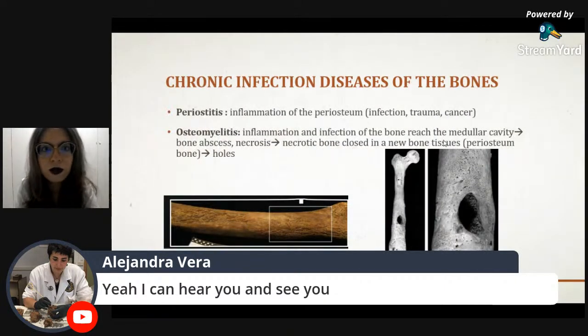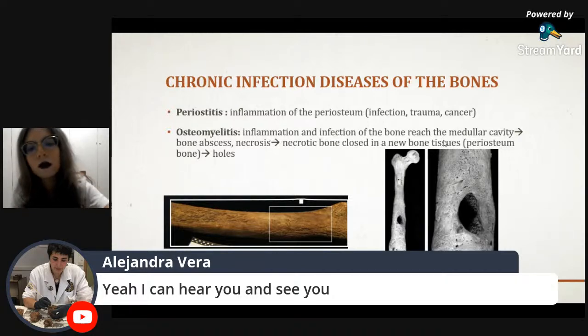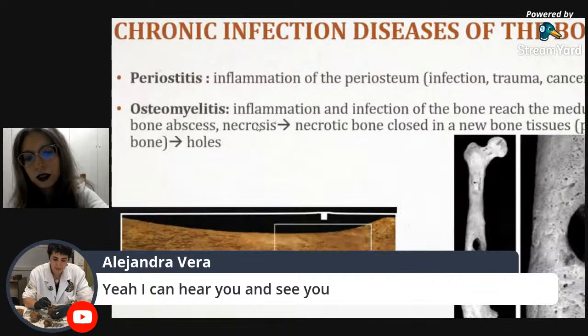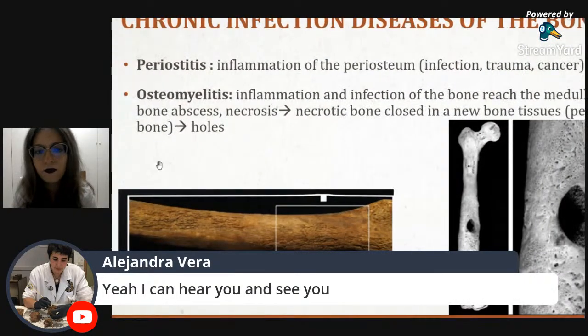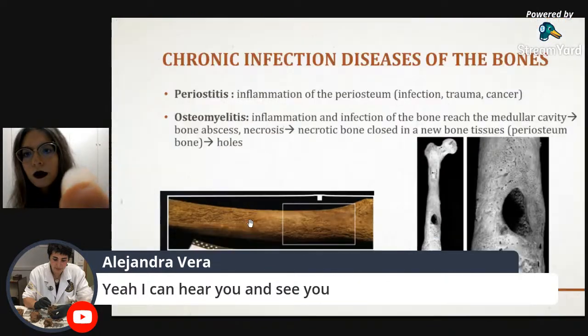Another type of pathology is the one related to chronic infection. The most common one is periostitis, which is the inflammation of the periosteum, which is that part of the cortical bone which covers all the length and all the area of the bone, except the joint.